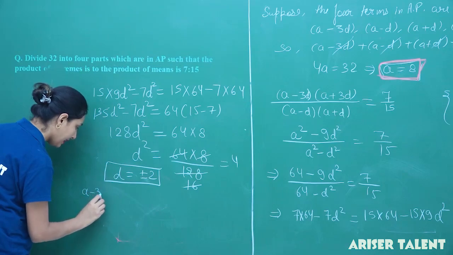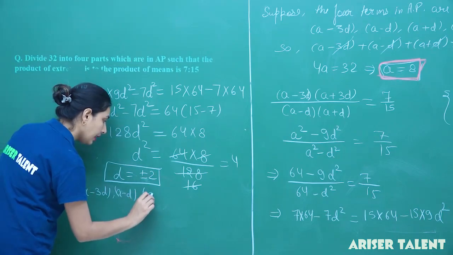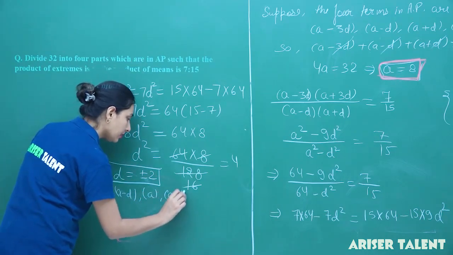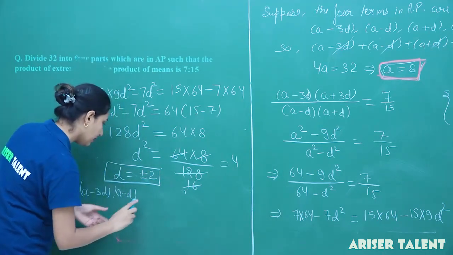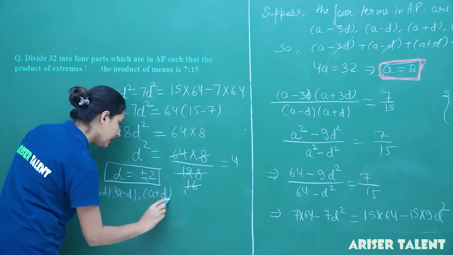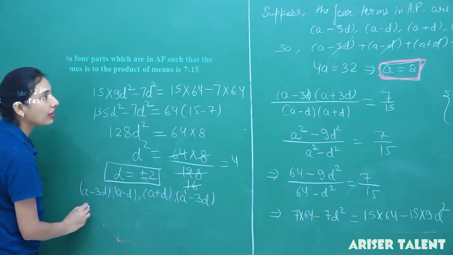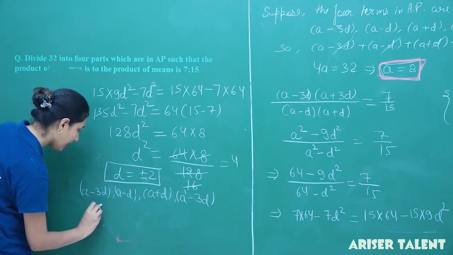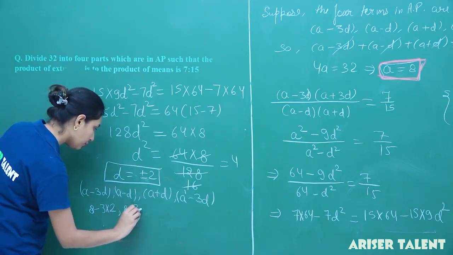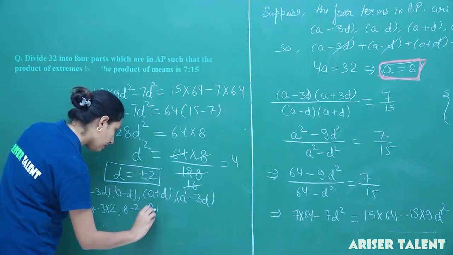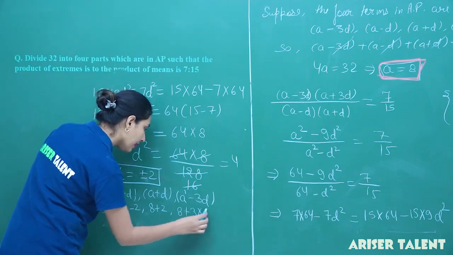So A minus 3D, A minus D, A plus D, and A plus 3D. This was our sequence. So simply the value of A is 8. So 8 minus 3 multiplied by 2, then 8 minus 2, then 8 plus 2, and then 8 plus 3 multiplied by 2.